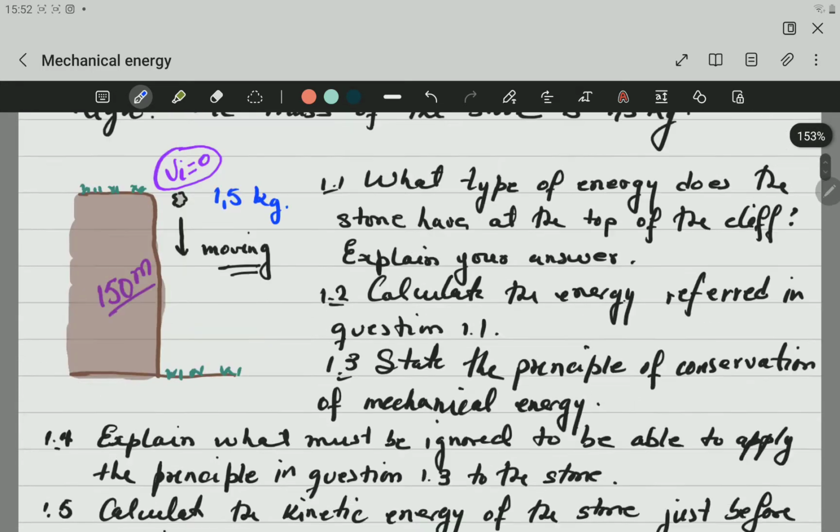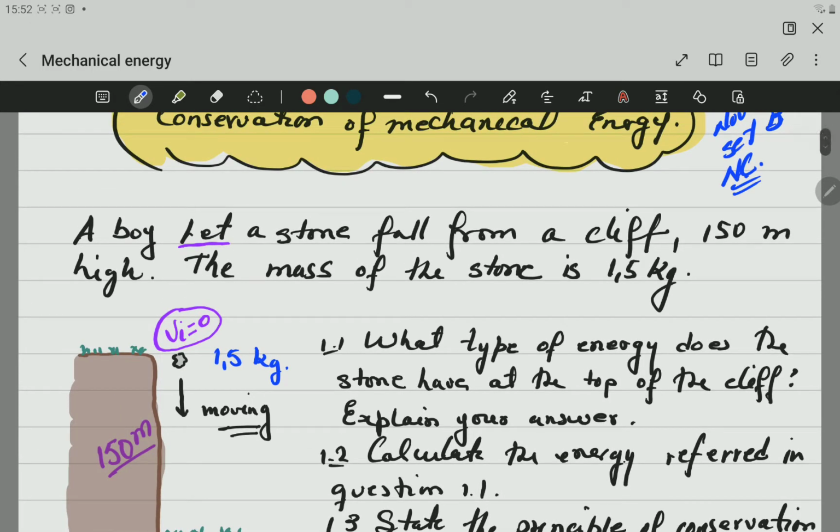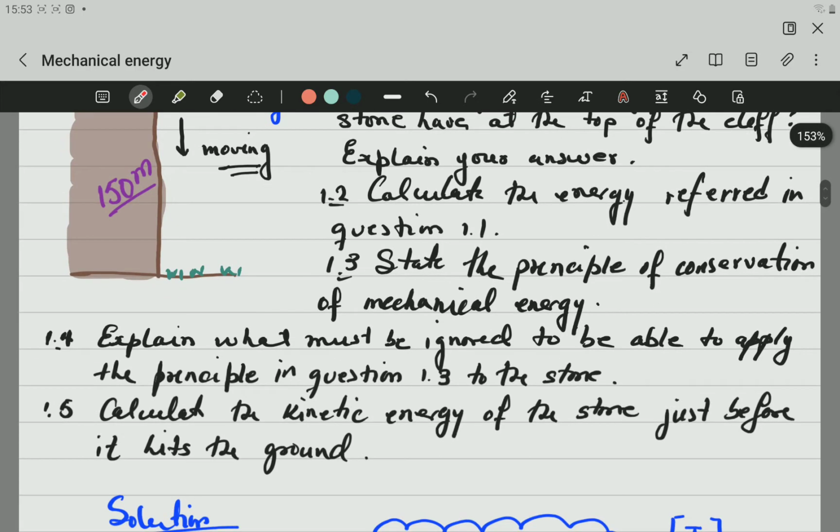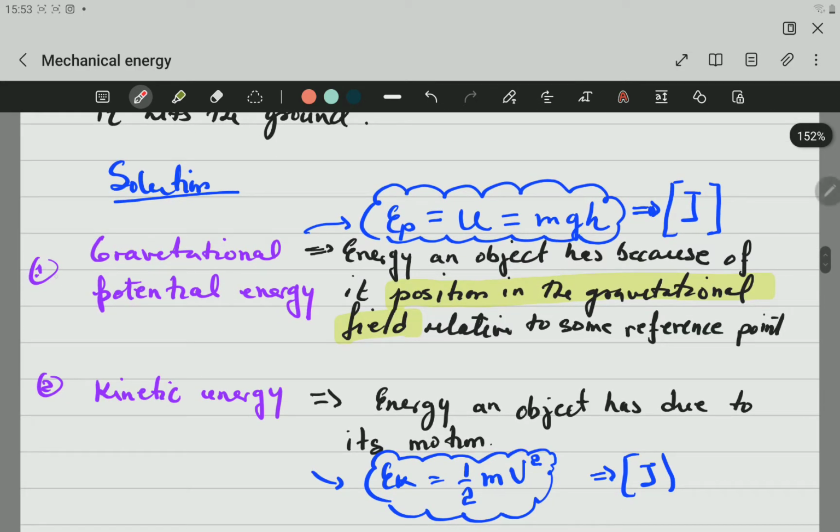Now going back to the question, it said what type of energy does the stone have at the top of the cliff. Now they're referring to either kinetic or potential. Now the top of the cliff here, note that the object is not moving, and therefore it cannot have kinetic energy. But the object is at a certain height, so the energy that the object has is gravitational potential energy.